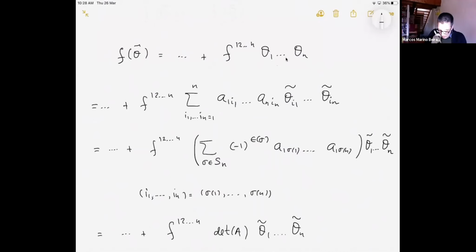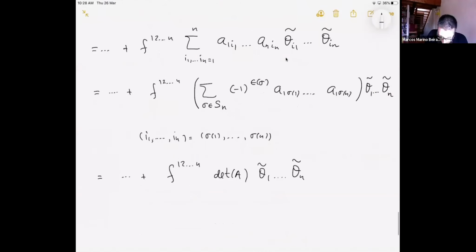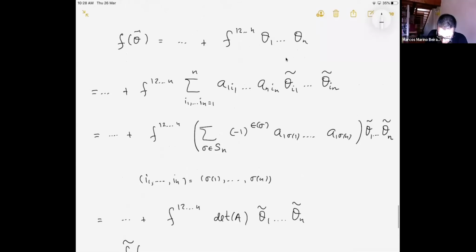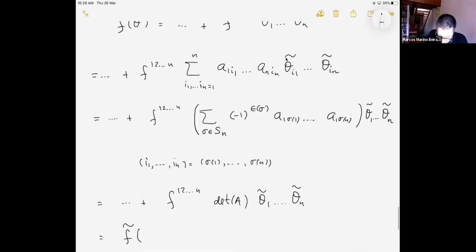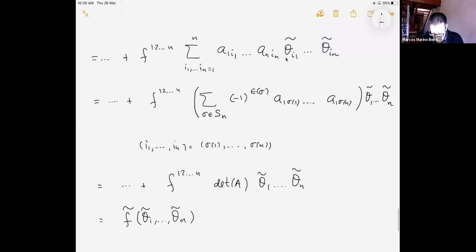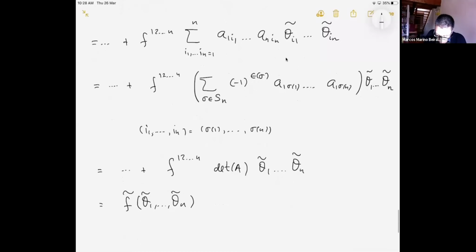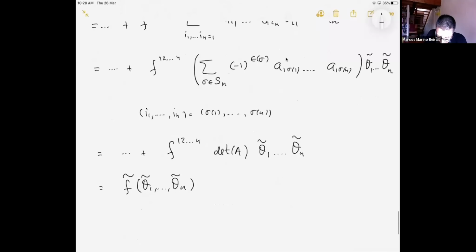Remember that this is f twiddle of theta twiddle 1 up to theta twiddle n. Now, in particular, we deduce the following formula.